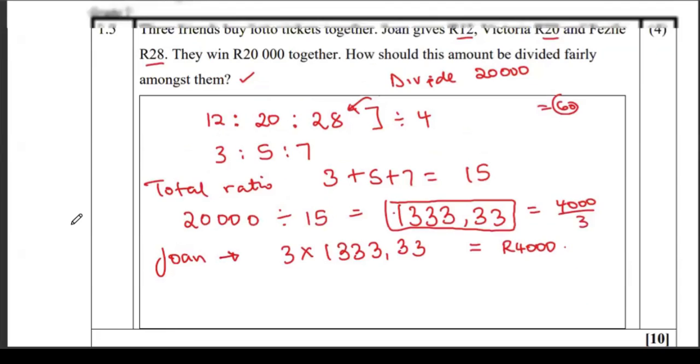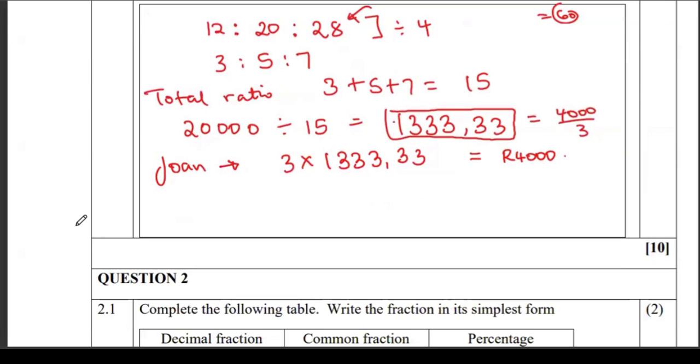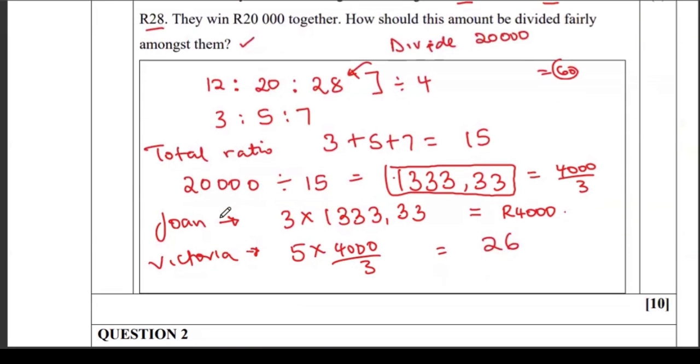And next we have Victoria. Victoria is 5, so 5 multiplied by 4,000/3. Something is not making sense, because it's 5.